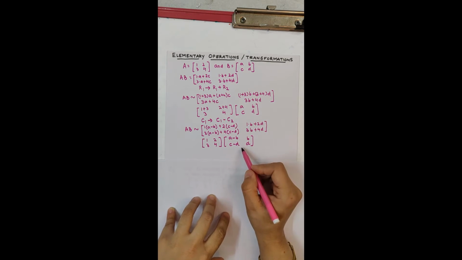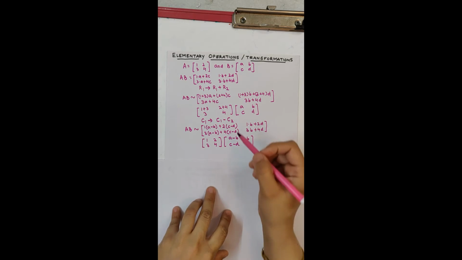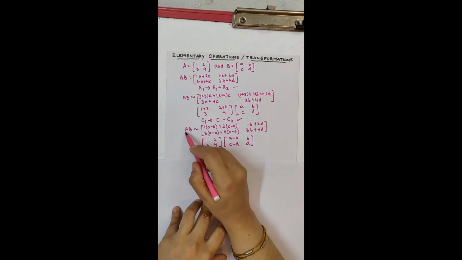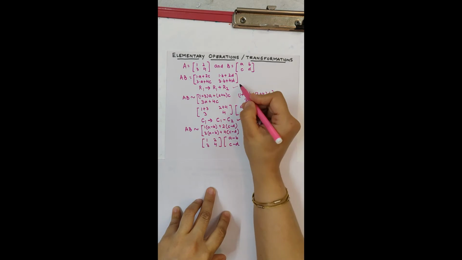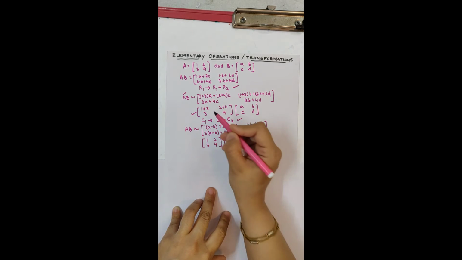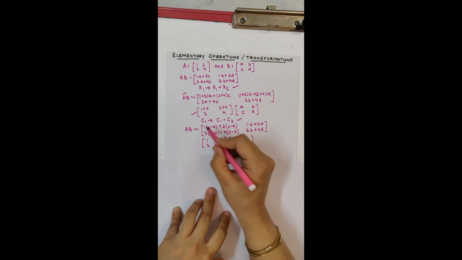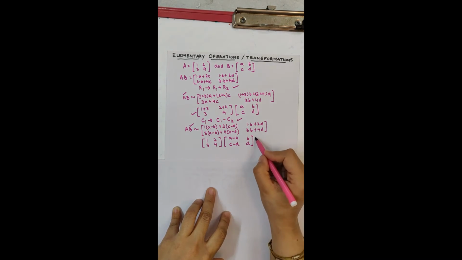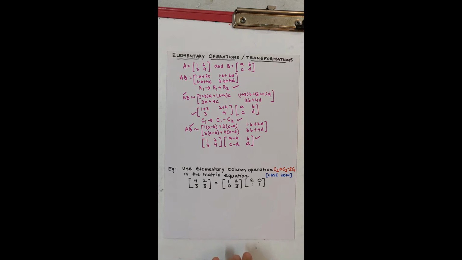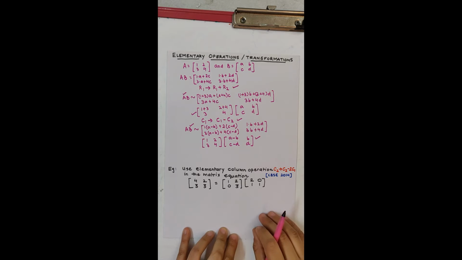So you have to remember that whenever you apply an elementary row or column operation to the product of two matrices, the row operation will get applied to the first matrix and the column operation will get applied to the second matrix. Now let us see its application in this example. It says: use the elementary column operation C2 goes to C2 minus 2C1 in this matrix equation.